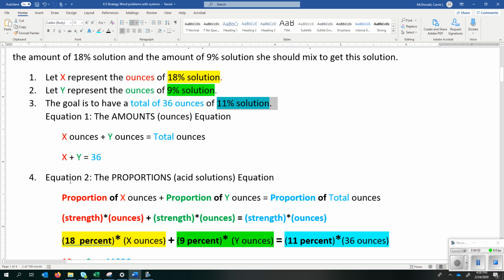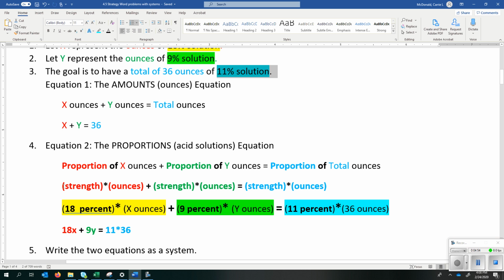So notice that for the second equation, I'm going to follow the format of having the proportion of, and of means times or multiply in math, x ounces, plus the proportion of times y ounces, and that should give me a total of the proportion of total ounces.